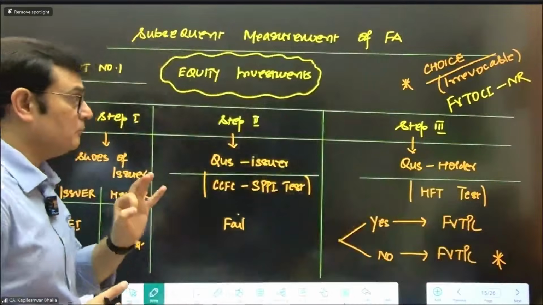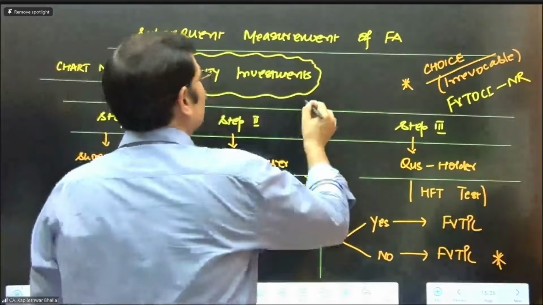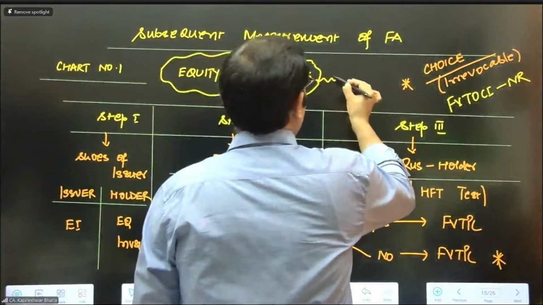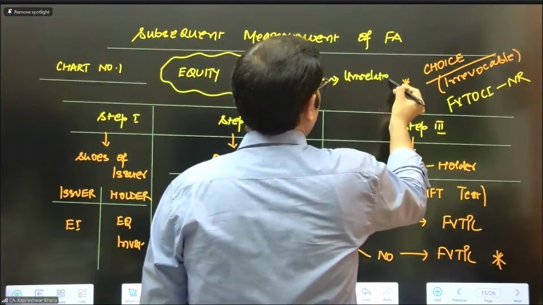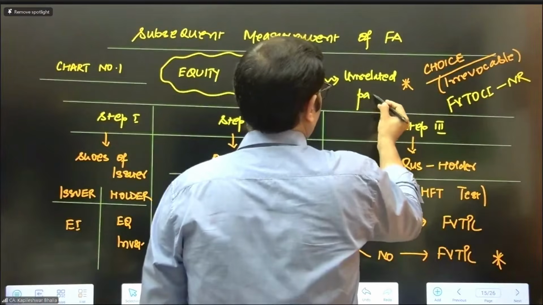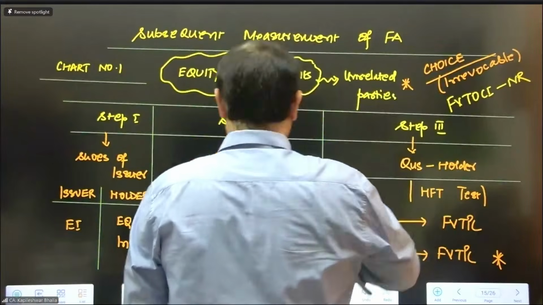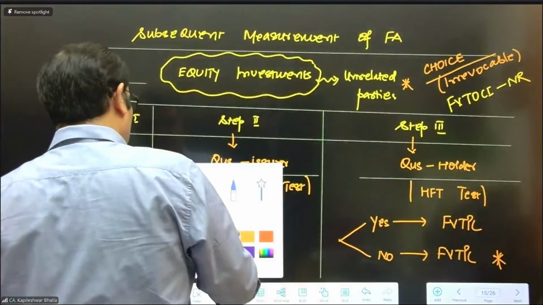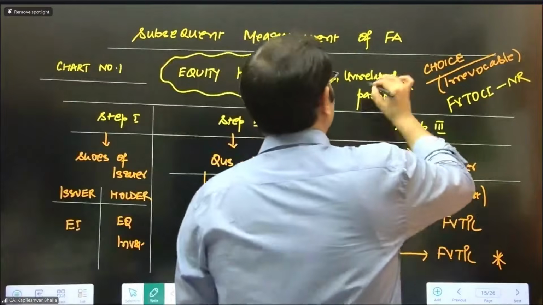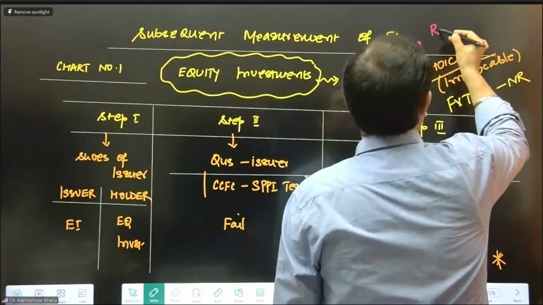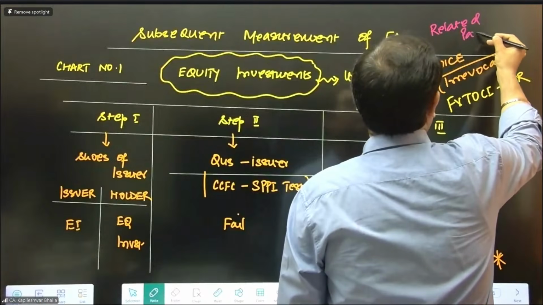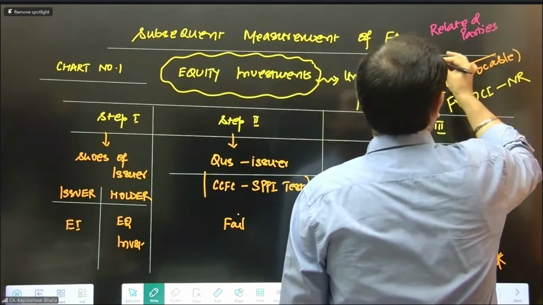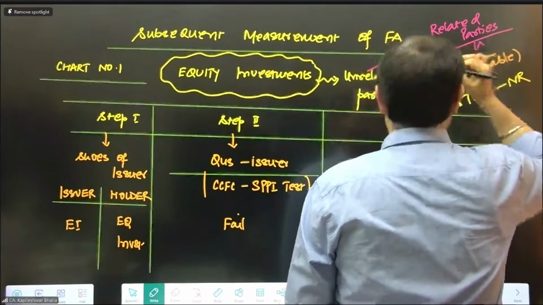Now, another important input. When you look at equity investments, we're focusing on equity investments in unrelated parties. That's another input which needs to be clear. And let's make this also clear that as far as related parties are concerned, we apply Ind AS 27.